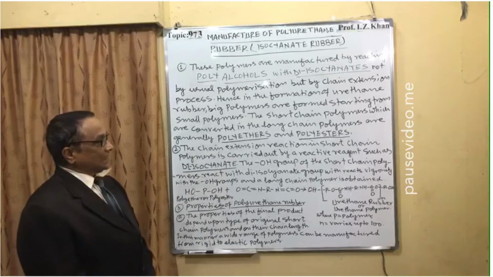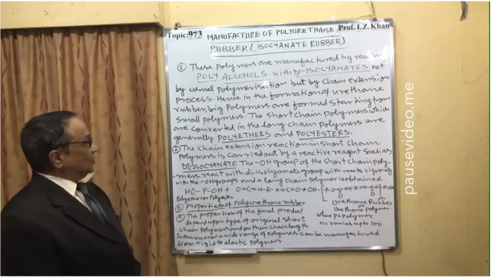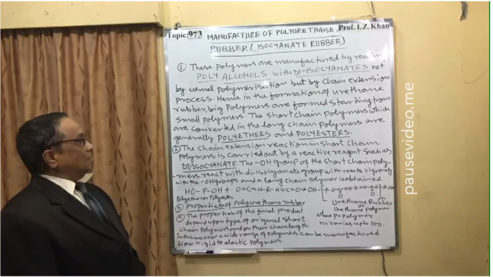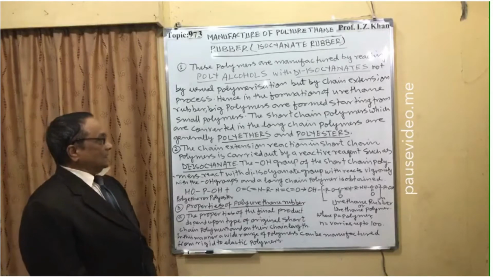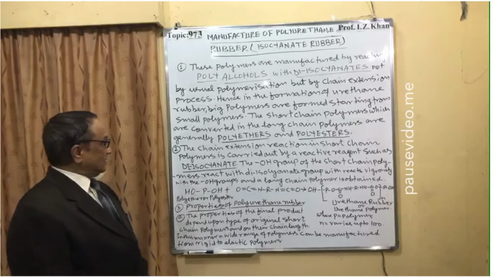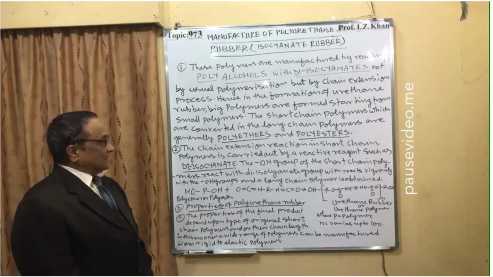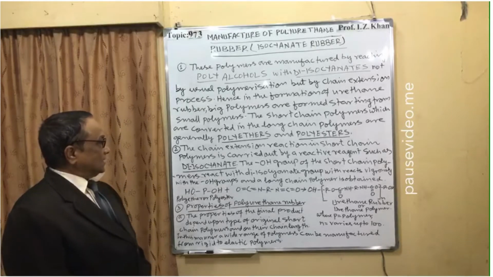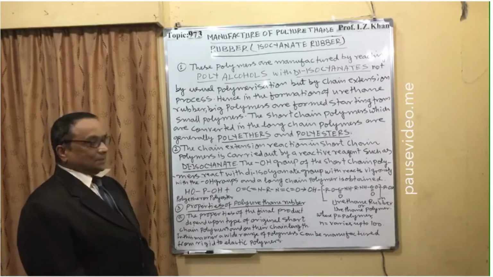The short chain polymers, which are converted into long chain polymers, are generally polyethers and polyesters.